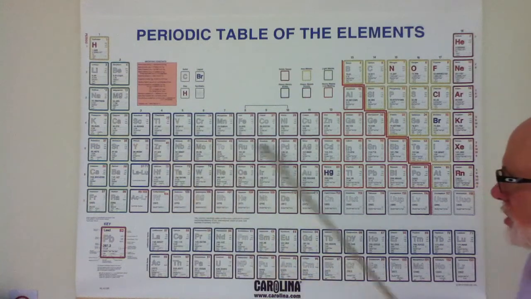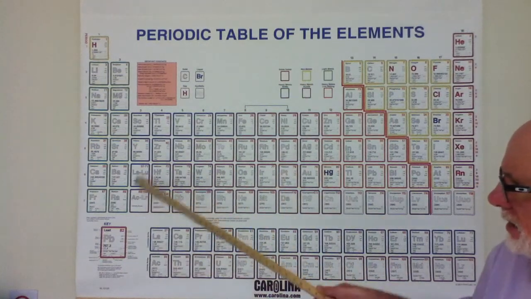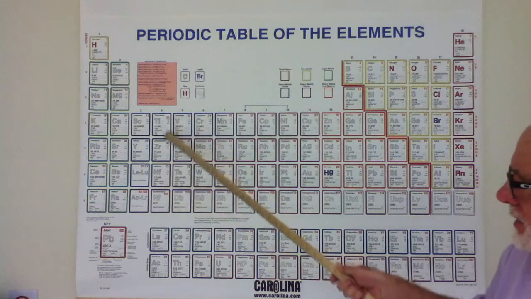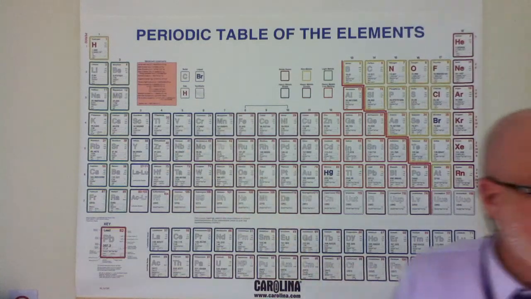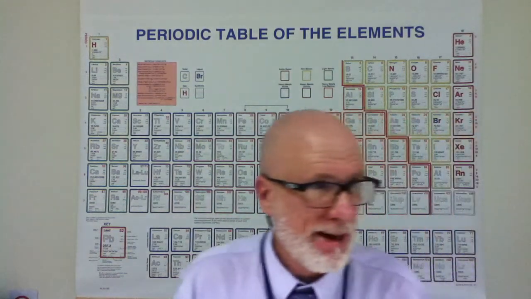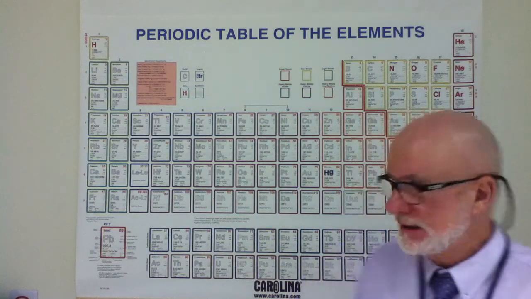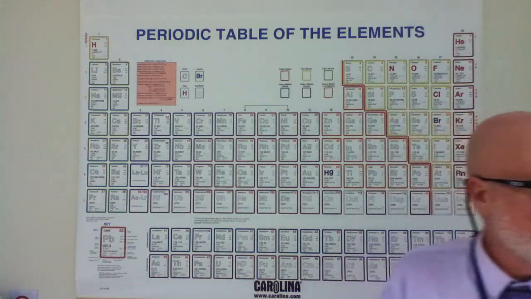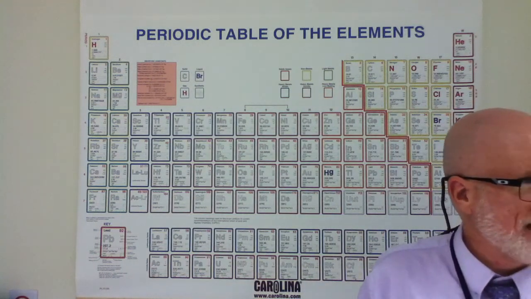A lot of Glenn Seaborg's colleagues said, don't do it, Glenn. Don't publish that paper on putting the inner transition elements down there. You'll lose your career. You'll become a laughing stock. And he got a Nobel Prize from it. So it was actually a good thing that he did.